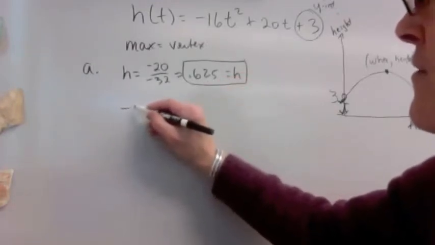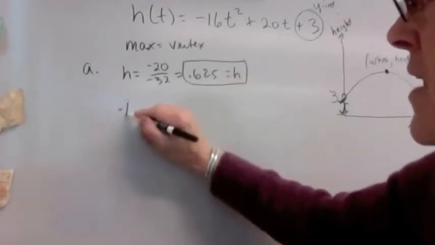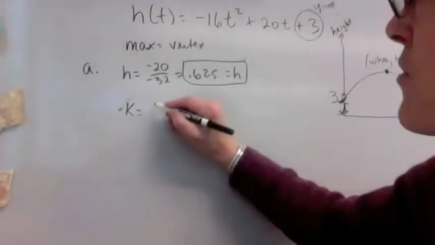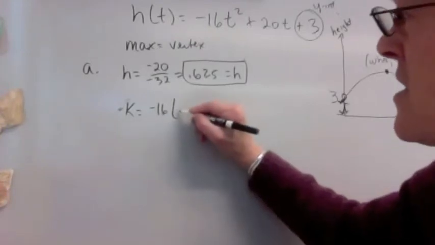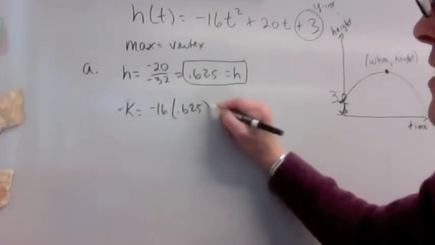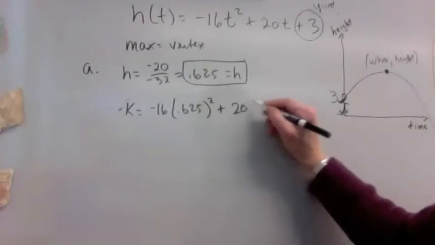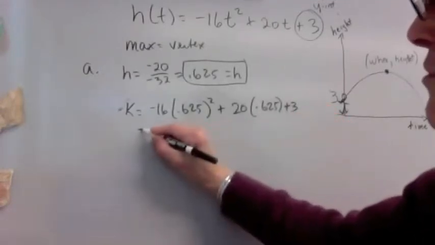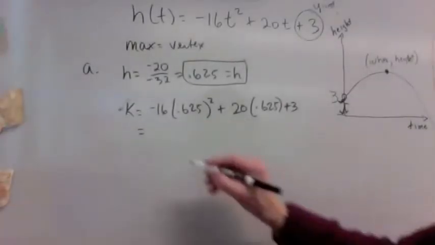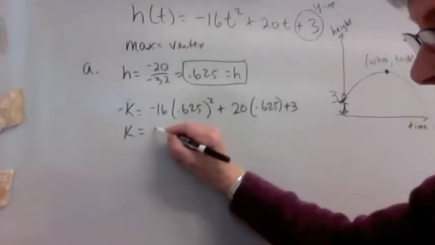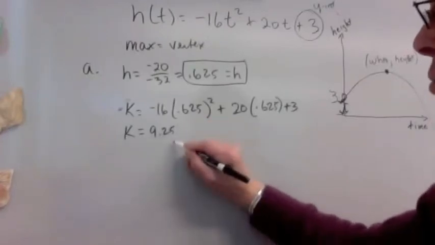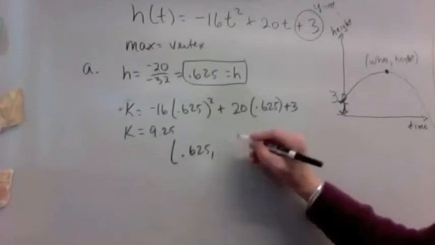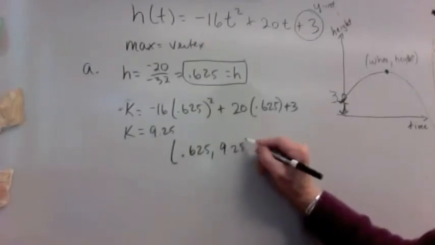We get k, or the y value of our vertex, is going to be negative 16 times 0.625 squared plus 20 times 0.625 plus 3, and if you throw that into your calculator, you'll get that k is equal to 9.25. So we know our vertex is 0.625, that's the time, and the height is 9.25.